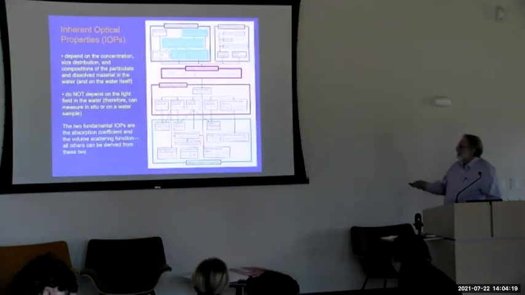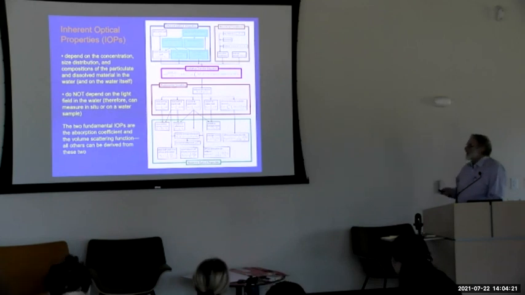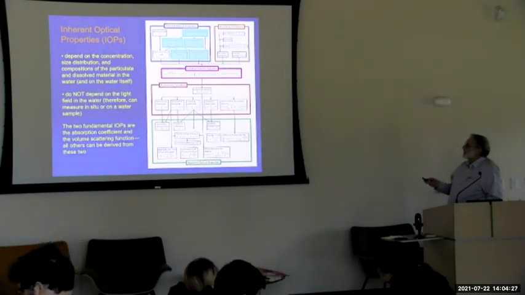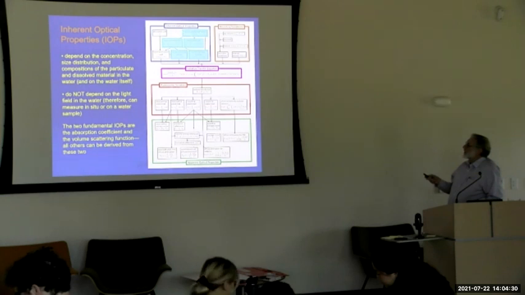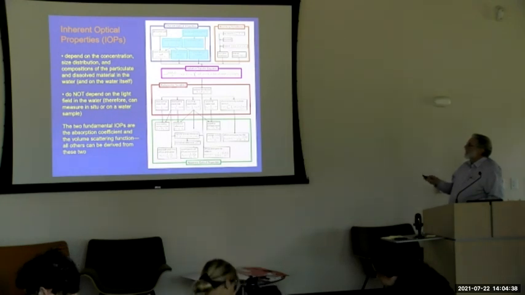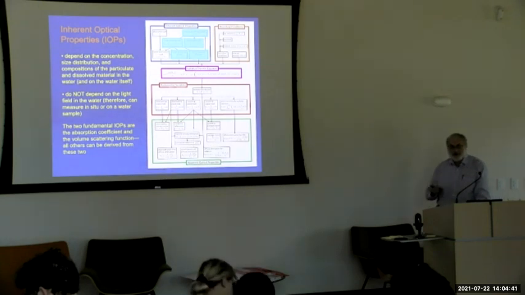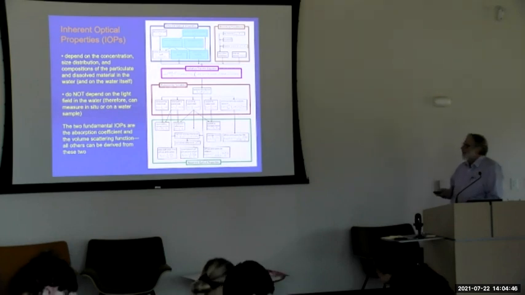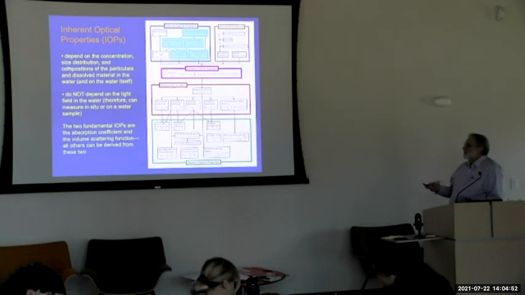Now, you recall this little organization chart I showed the first day. You've been learning about absorption coefficients and beam attenuation. Today, we're going to start with the volume scattering function, from which you can derive the scattering and backscatter and other things that are of interest. So this lecture now kind of finishes off this box on inherent optical properties. The inherent optical properties, or IOPs, are things which depend on the concentration, size distribution, and composition of the particles or dissolved substances, and of course, water itself.